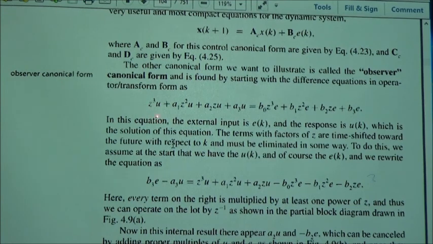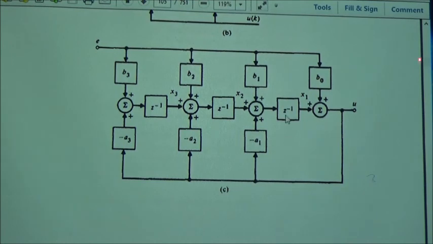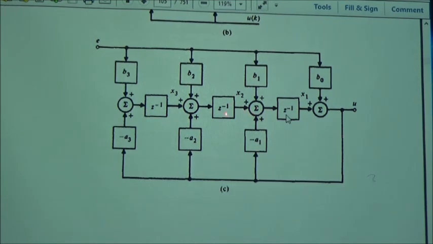You can solve for Z3U, put everything on the right side, and then start multiplying by Z to the minus 1. And what you get is essentially this, right here. You get Z minus 1 here, you form up this form, the innermost value, then you go to the second one. In this case, you have 3 nested factorizations of Z minus 1 because you have a third order system.